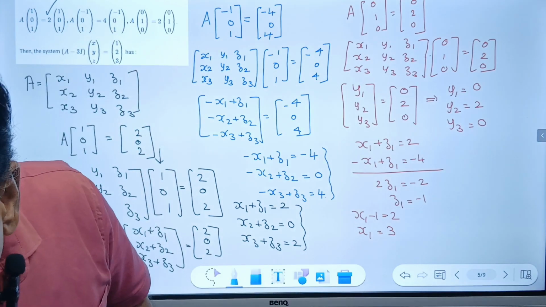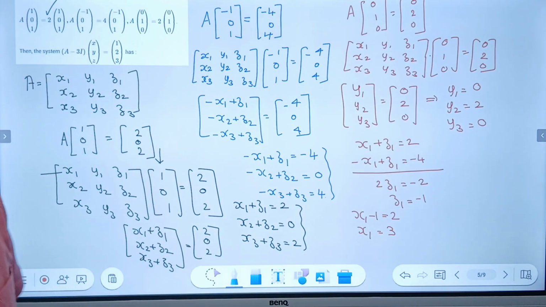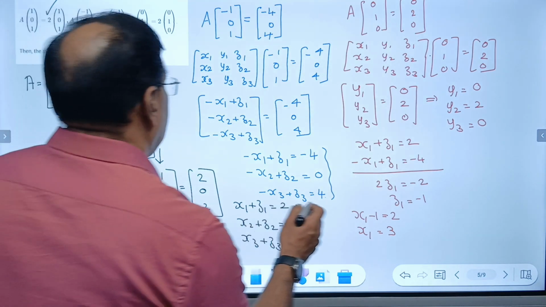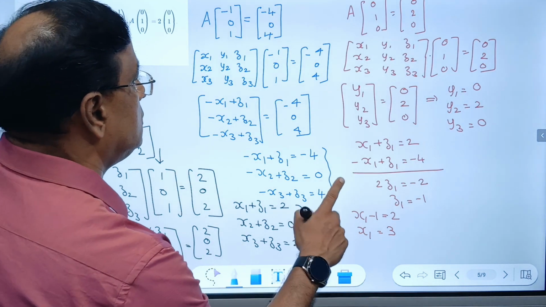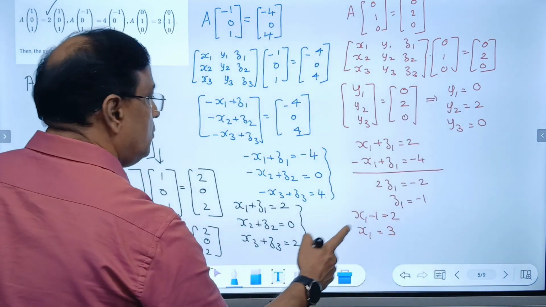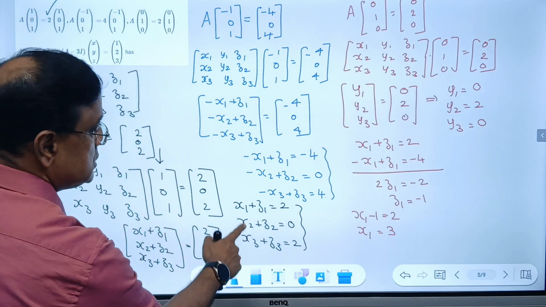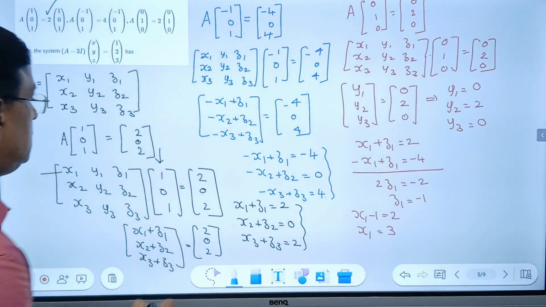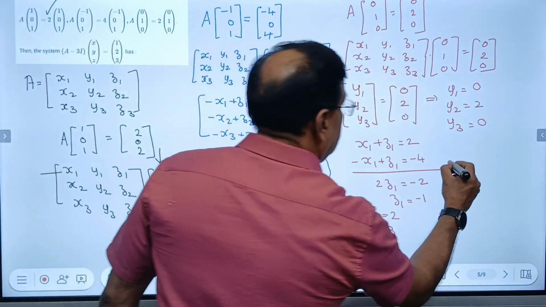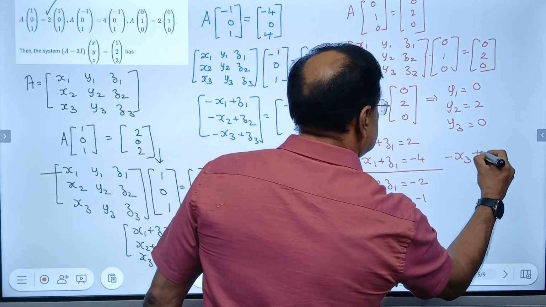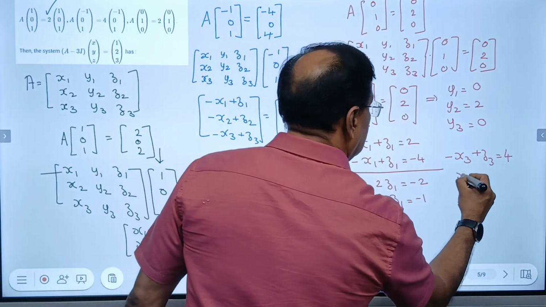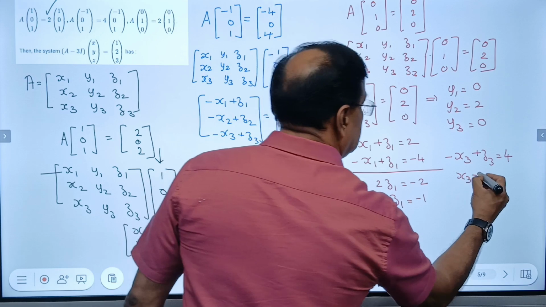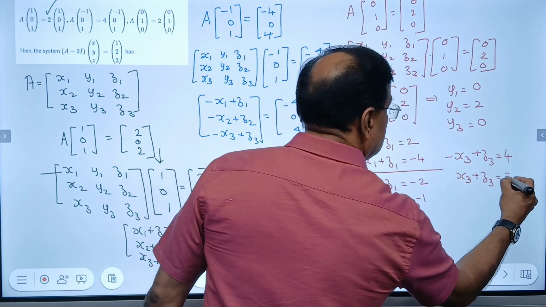To find z3 and x3, take these two equations: minus x3 plus z3 equal to 4, and x3 plus z3 equal to 2.